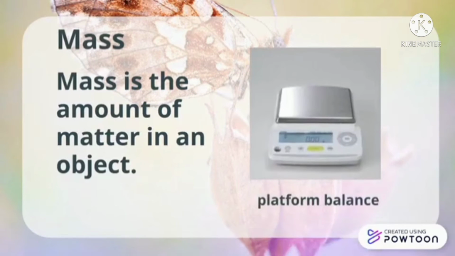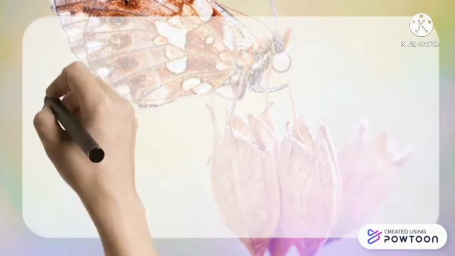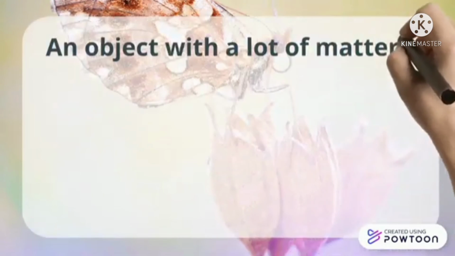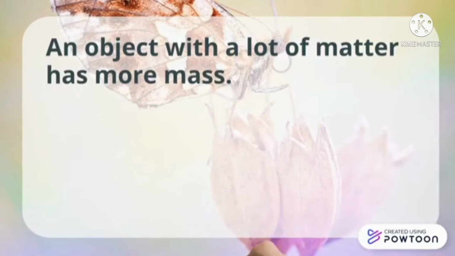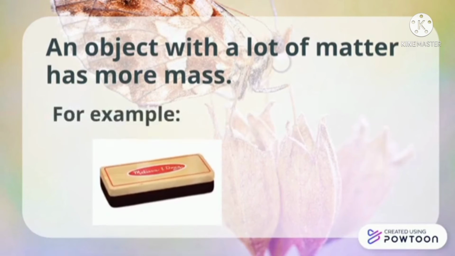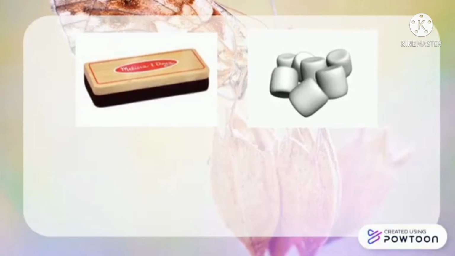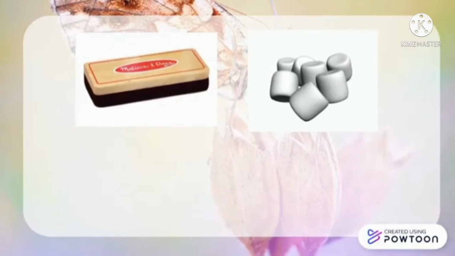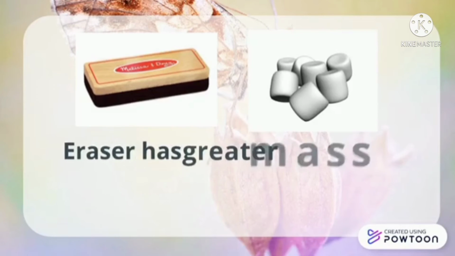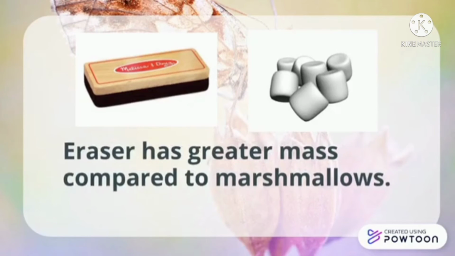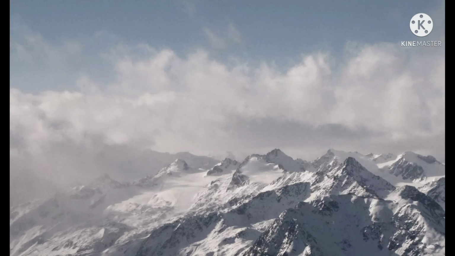We can use a platform balance to get the mass of the solid. An object with a lot of matter has more mass. For example, which of the following has more mass? When you compare these two objects, marshmallows are lighter than the eraser, but the eraser has greater mass compared to marshmallows.